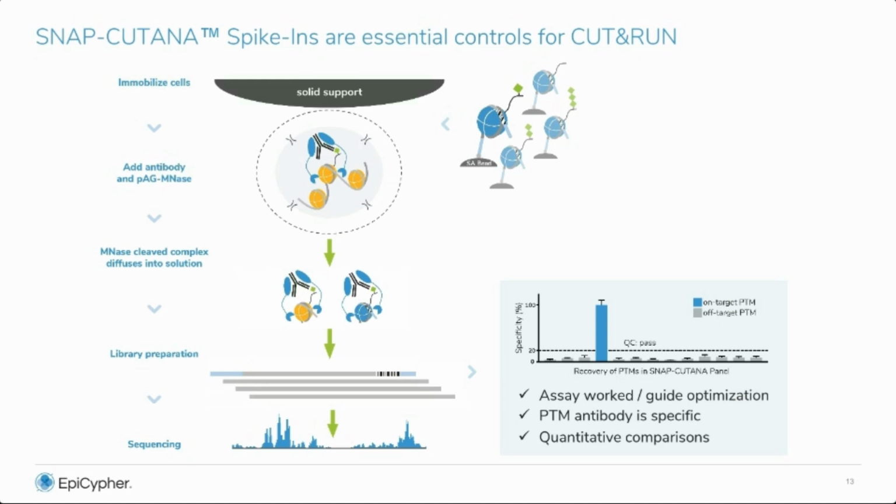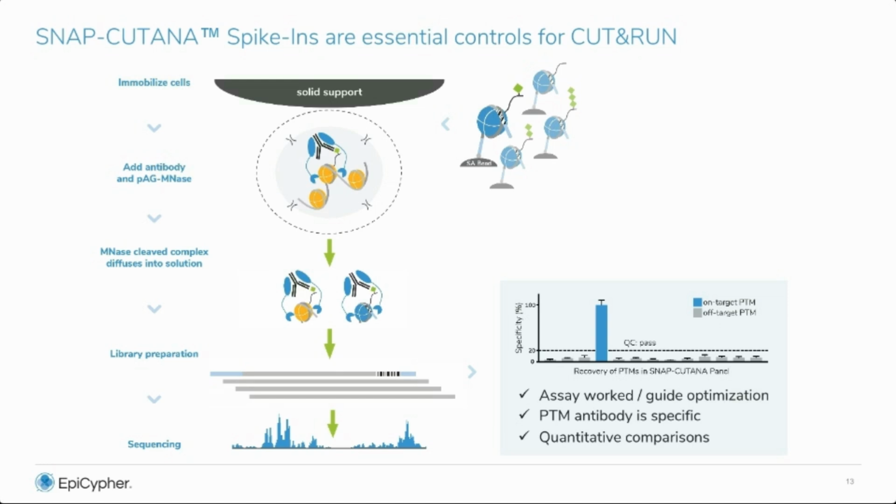You then add an antibody to your target of interest, and you diffuse in this protein AG immunotethered construct. So the protein AG will go and bind wherever your antibody is bound on chromatin and in your spike-ins. And then you activate the enzyme that the protein AG is conjugated to, which in this case is micrococcal nuclease.